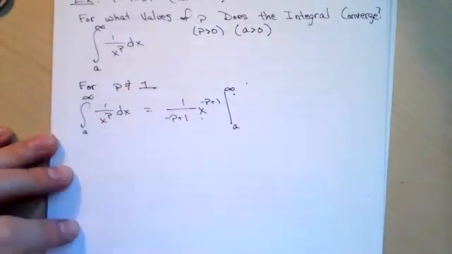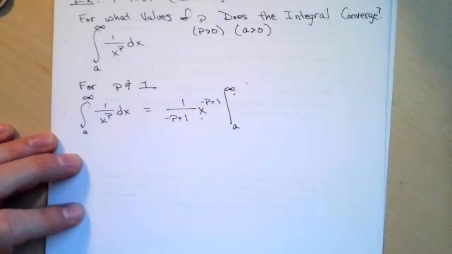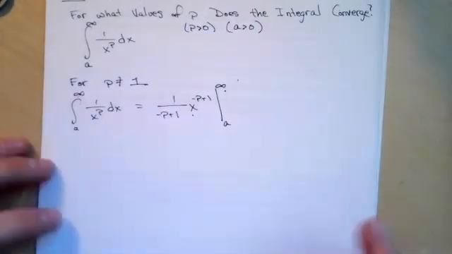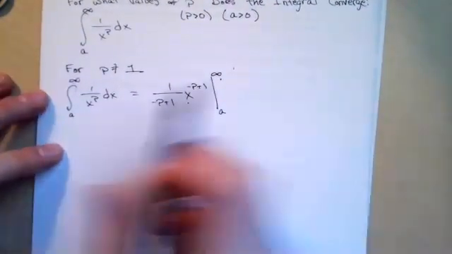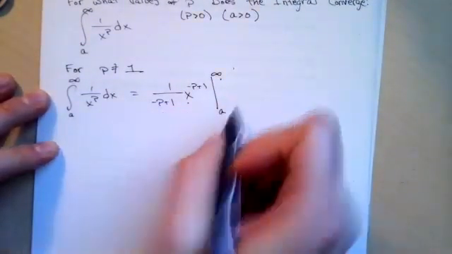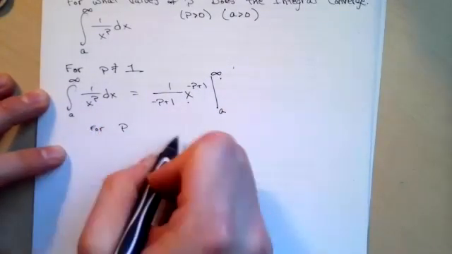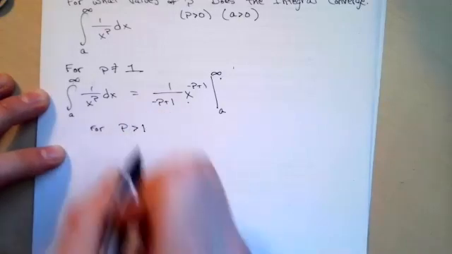Let me change this statement. For p not equal to 1, let's break it down into subcases, since you guys are engineers. Now we do the case p strictly greater than 1.